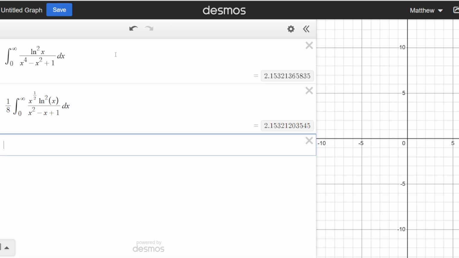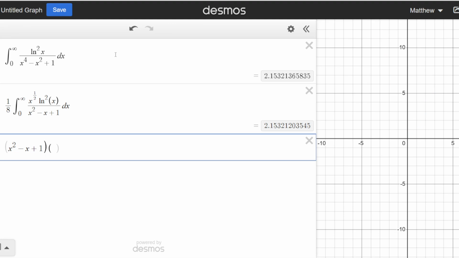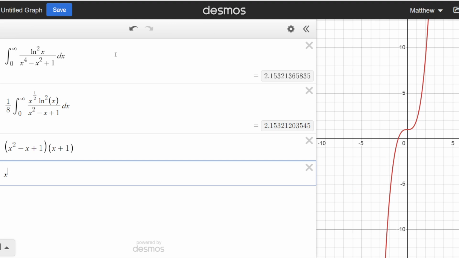Let's notice this. Let's notice that x squared minus x plus 1 times x plus 1 is just x cubed plus 1. All right, not hard to show that.